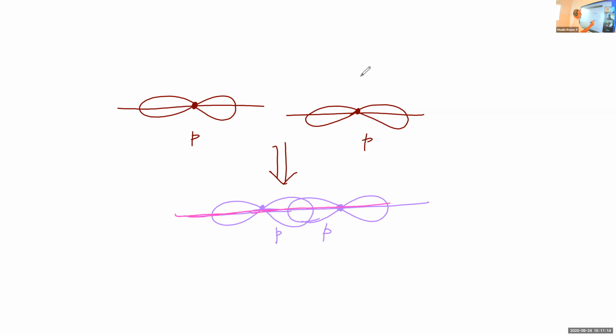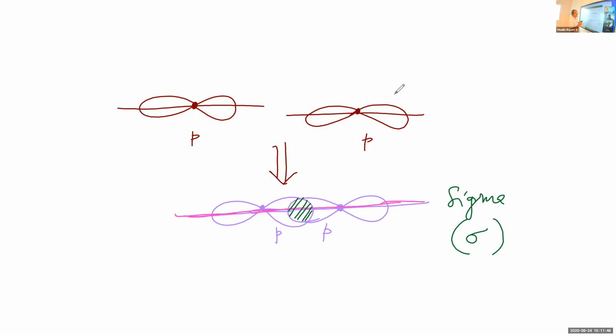Here there will be a common space between the p orbitals, and this is p-p overlapping. This is also coaxial, and so this is also a sigma covalent bond. That is again the coaxial overlapping of two p orbitals.